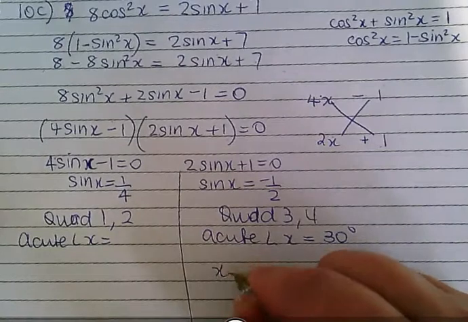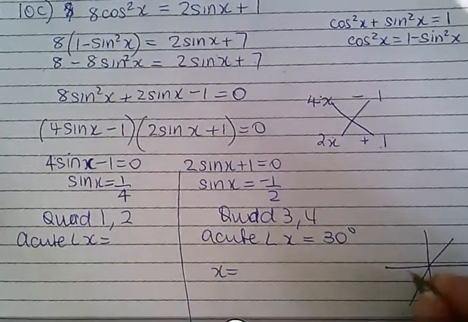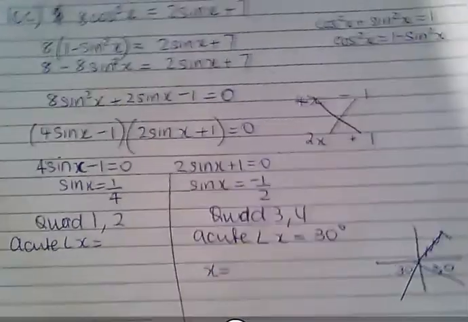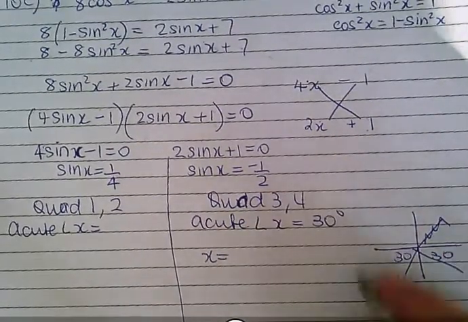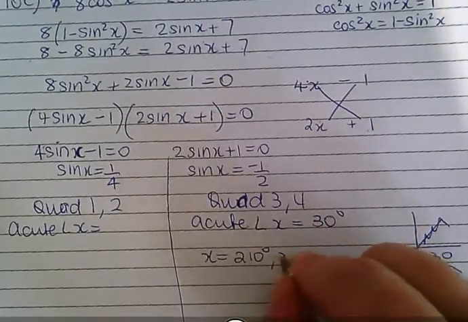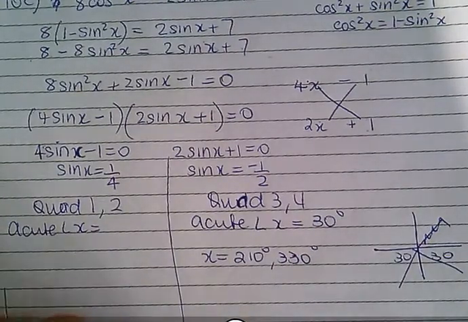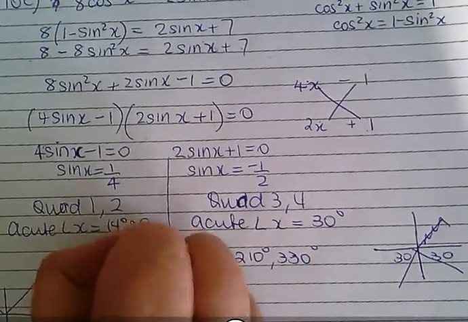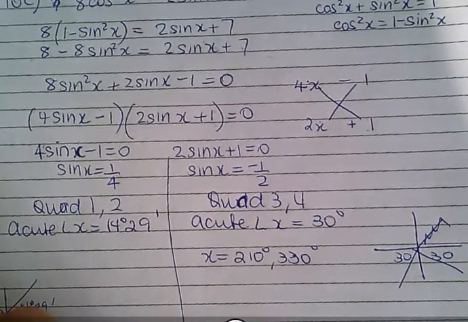So for the second one, we've got x is quadrants 3 and 4. What have you got? Quadrants 3 and 4. Yep, 210 and 330. And for the first one, what's the acute angle x? 14 degrees, 29 minutes. So it'll be in there and in here.